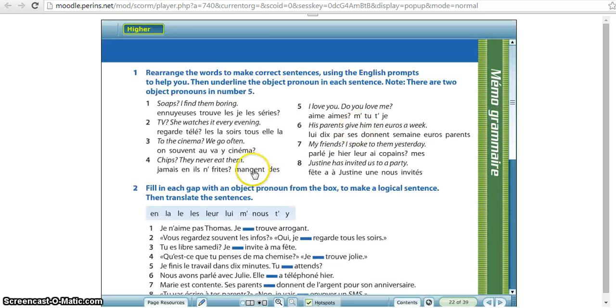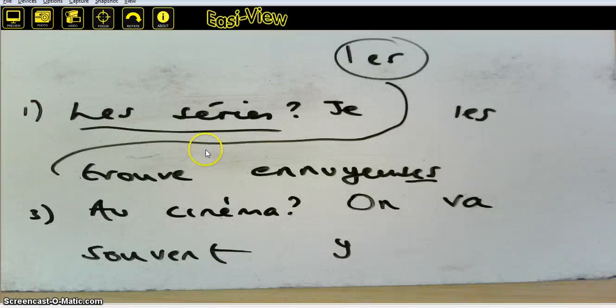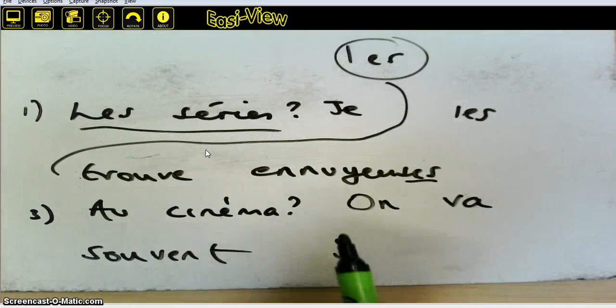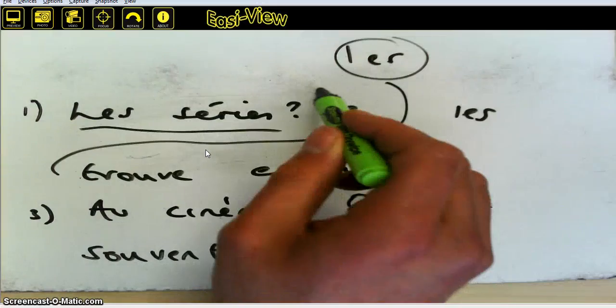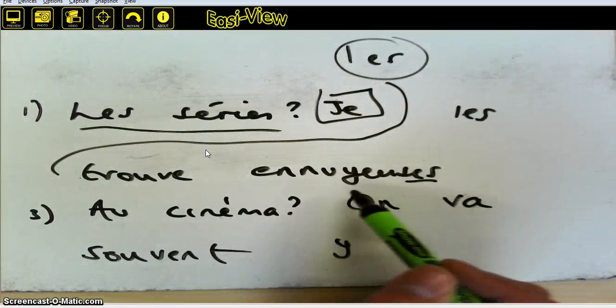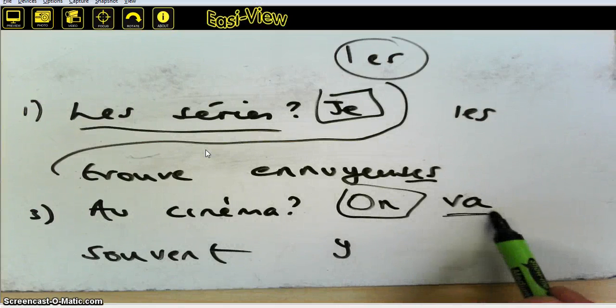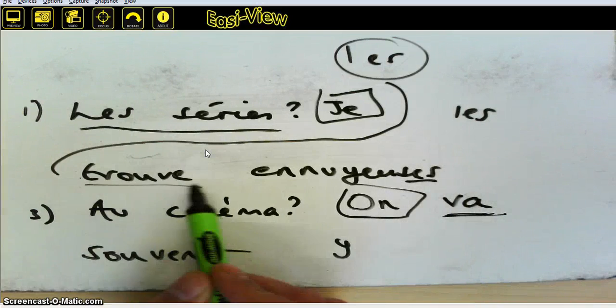So I'm just going to flick across the page there, just to have a look at what it is that we want to be able to say. So we want to be able to say to the cinema, we go often. So look at my visualization. So on va souvent, again the same rule as before. In the first one you had the pronoun here, je. Here is the pronoun on. Here is the conjugated verb. Here was the conjugated verb.